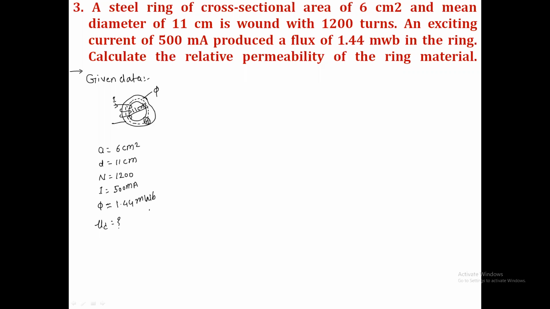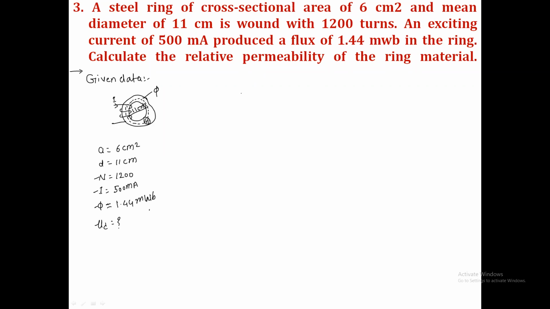If you check the given data, the number of turns and the current are provided, so can you calculate the MMF? Of course, yes. Phi is given, so we can use the basic formula, phi is equal to MMF upon reluctance. So we can calculate the reluctance, and the reluctance is nothing but L divided by mu 0 mu r A. Based on that, we can calculate mu r.